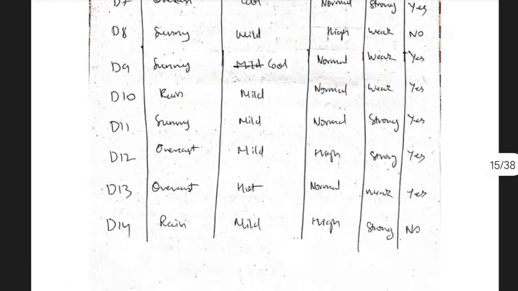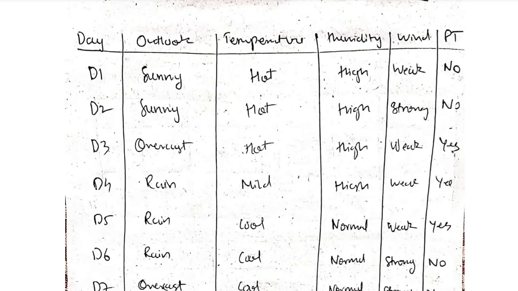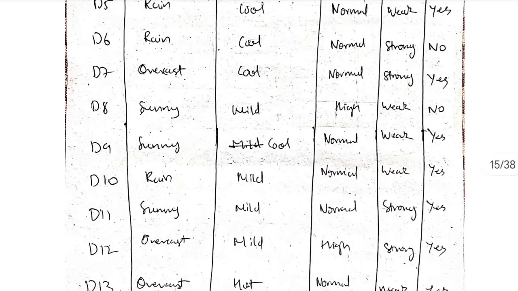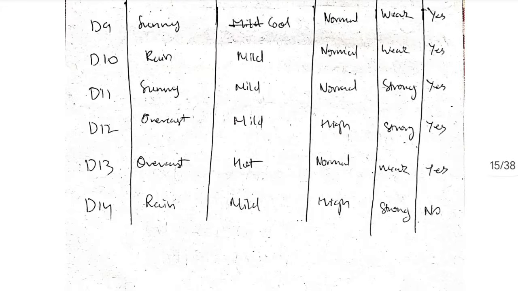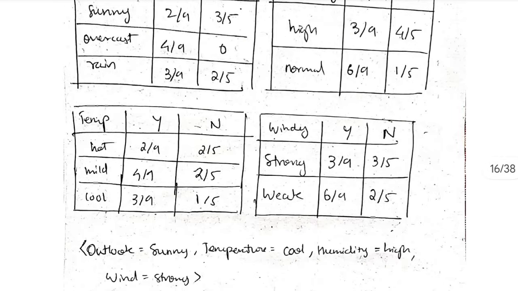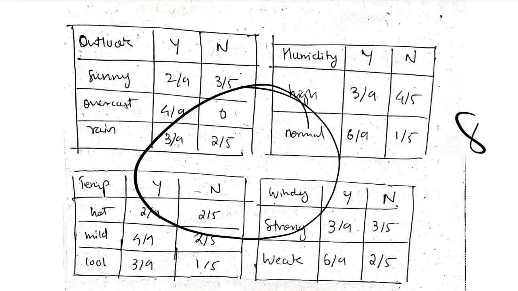Weak you have to consider here, the last column. 1, 2, 3, no, 4, 5, no, no, 6. 6 weak are there out of 9 yes available. After you have created this table, apply the formula, you'll get 8 marks.